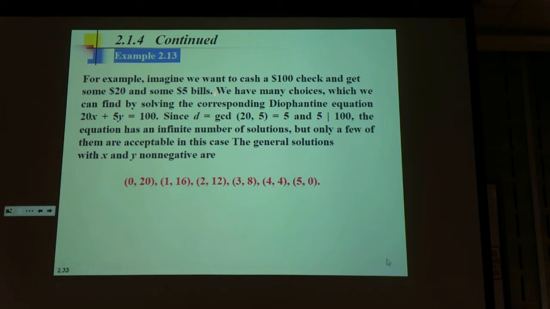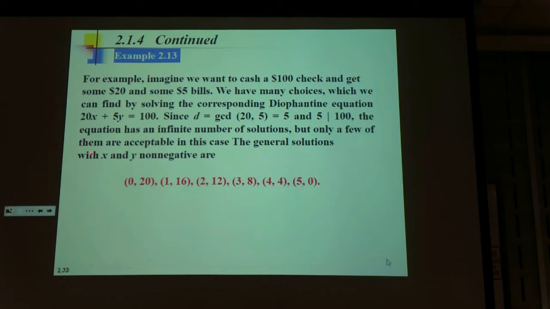Since d is the greatest common divisor of 20 and 5, what is it? It is 5. Okay? And 5 divides 100, so the equation has an infinite number of solutions. These are some of the solutions: 1, 2, 3, 4, 5, 6 solutions. Infinite number of solutions, but only a few of them are acceptable in this case.